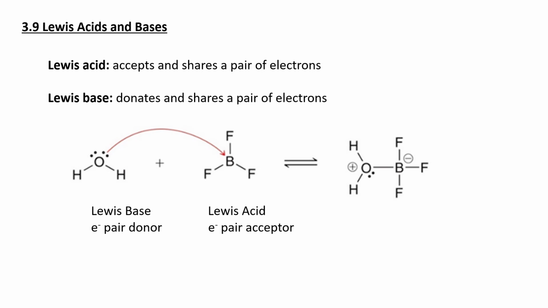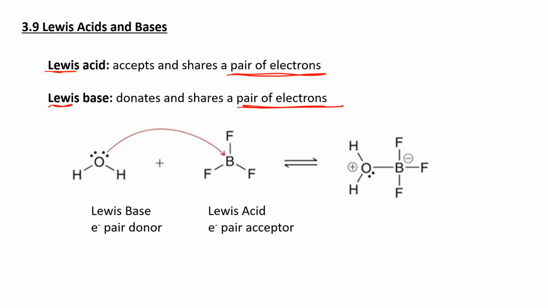And finally, in our last section here, we're going to look at Lewis acids and Lewis bases. Lewis acid-base theory is different than Bronsted acid-base theory. Bronsted-Lowry acids are proton donors. Bronsted-Lowry bases are proton acceptors. With Lewis acids and bases, it's not protons, we're talking about electron pairs.